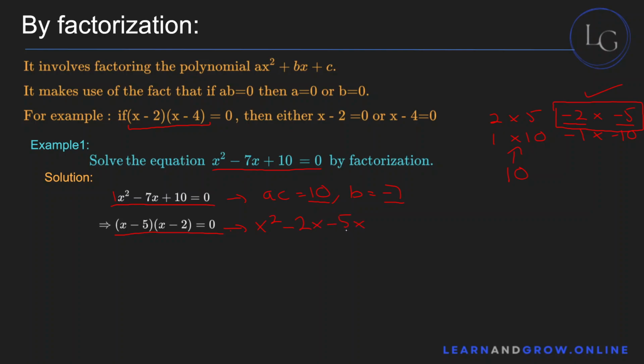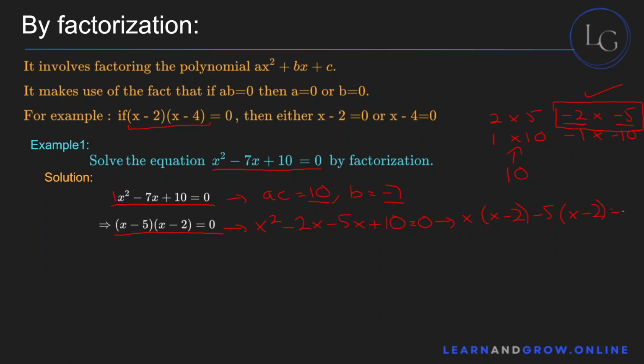As you know, minus 2x minus 5x just becomes minus 7x, but we'll use this combination. And then you put the c as it is. Now when you factorize this, it becomes x into (x - 2) and minus 5 into (x - 2).